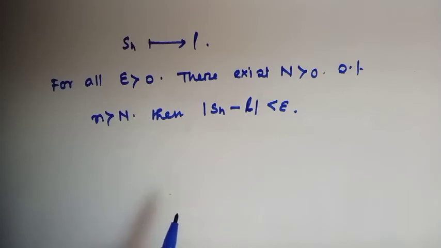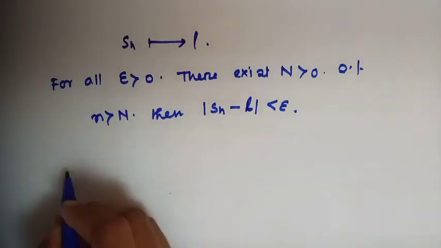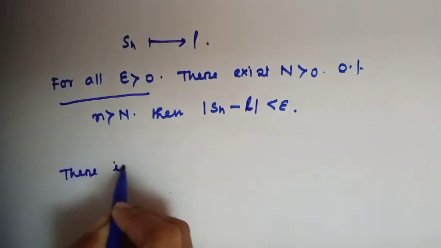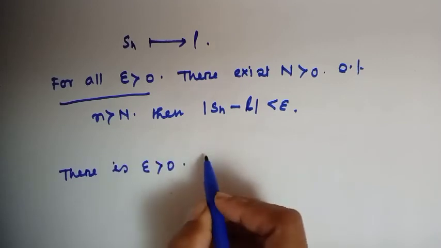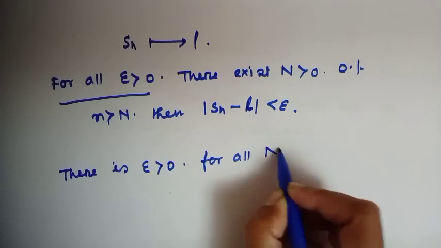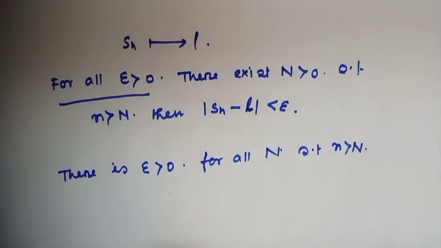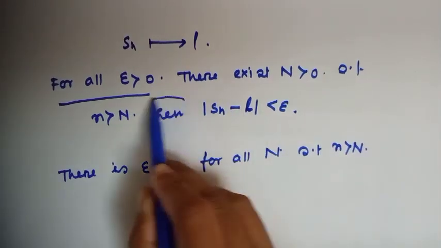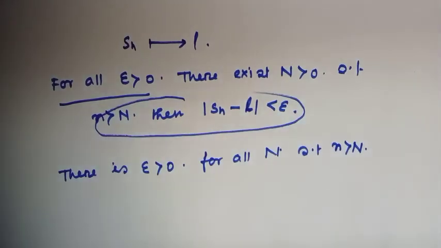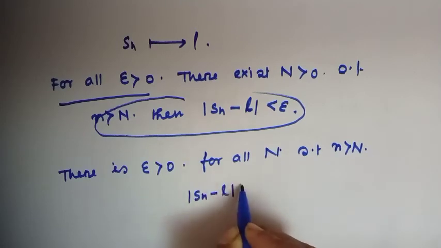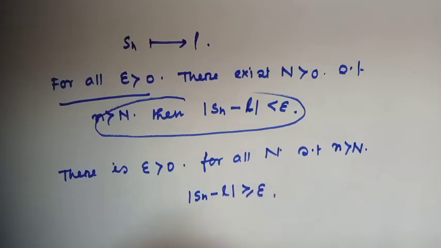When a sequence is divergent, then the definition would be: there is epsilon greater than 0 such that for all capital N there is n greater than capital N for which absolute value of Sn minus L is greater than or equal to epsilon. Okay? Are you getting my point?